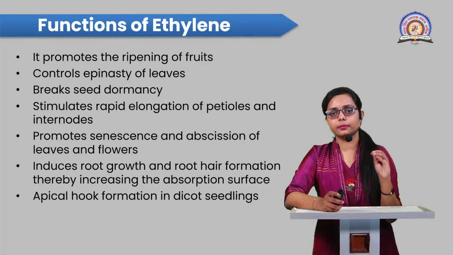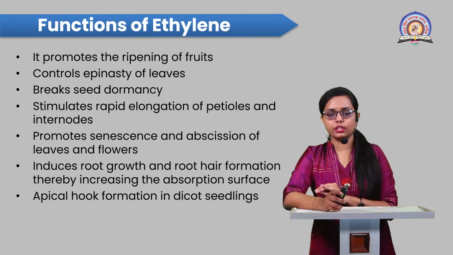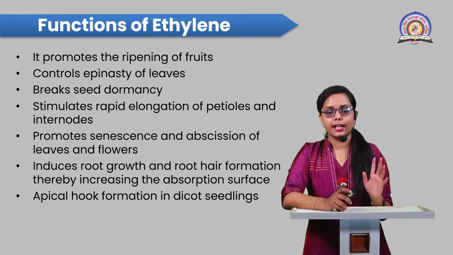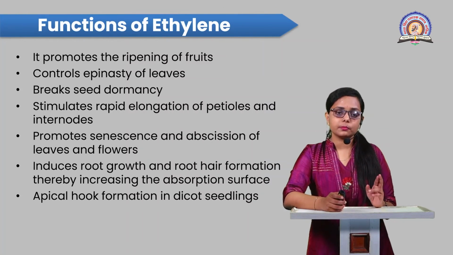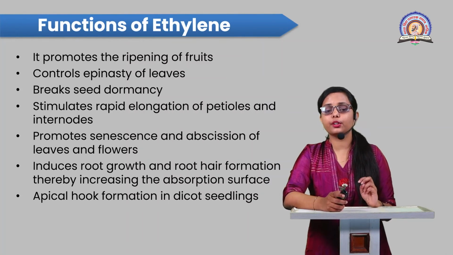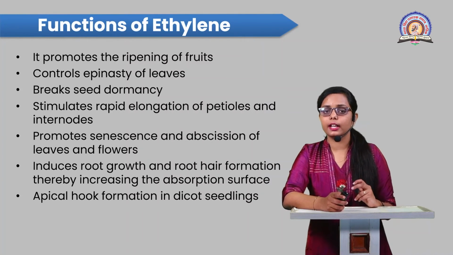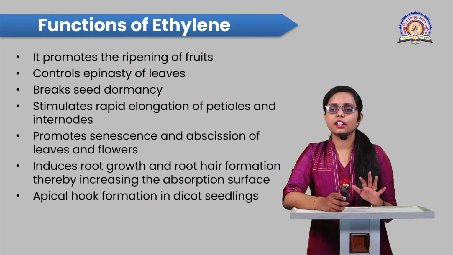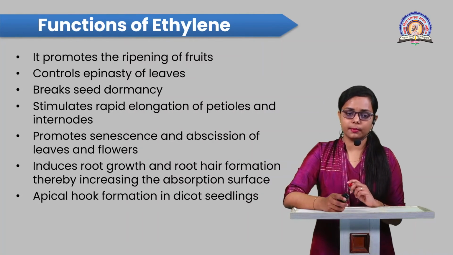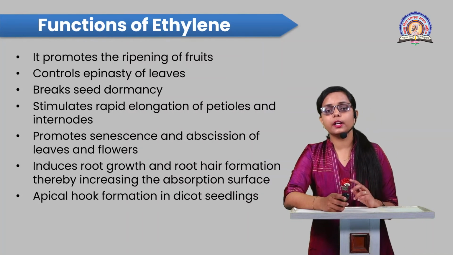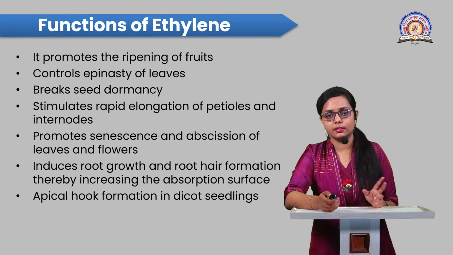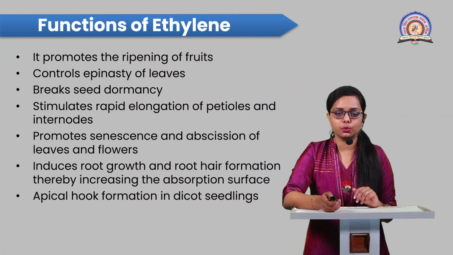The root will dig deeper into the soil to find water, and even root hair formation is there so as to increase absorption surface. Also it induces apical hook formation in dicot seedlings. When sunlight is not available, there is formation of apical hook in the dicot seedling. It is induced by ethylene, and it can be tackled by using auxin, because auxin is also antagonistic to ethylene.